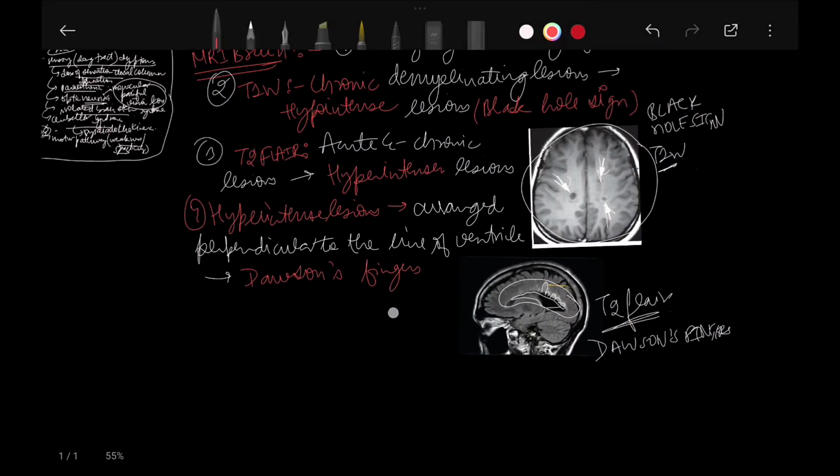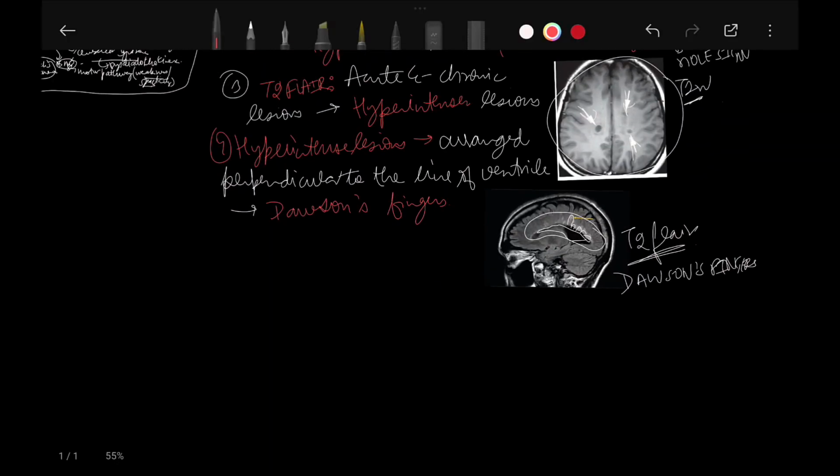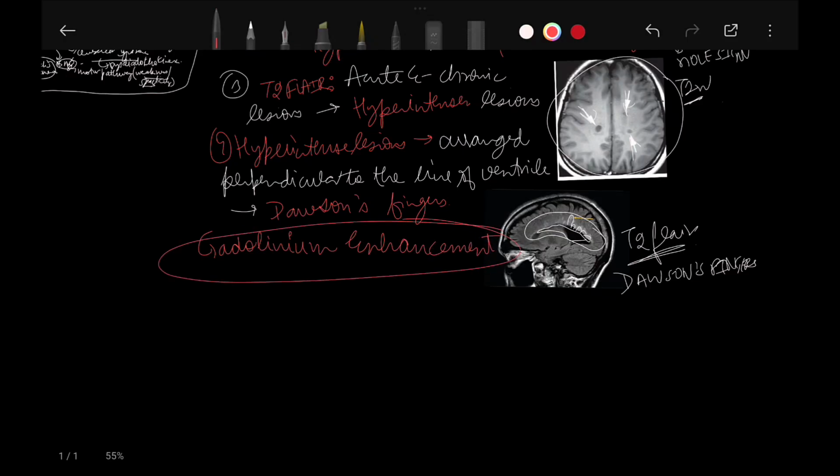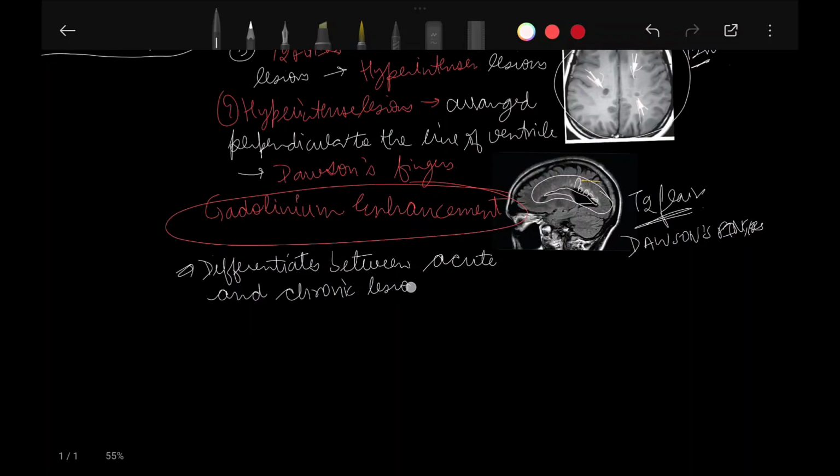Okay, after this MRI of the brain, we have the gadolinium enhancement. Now, what is this gadolinium enhancement? It differentiates between acute and chronic lesions in the brain, hyperintense lesions.